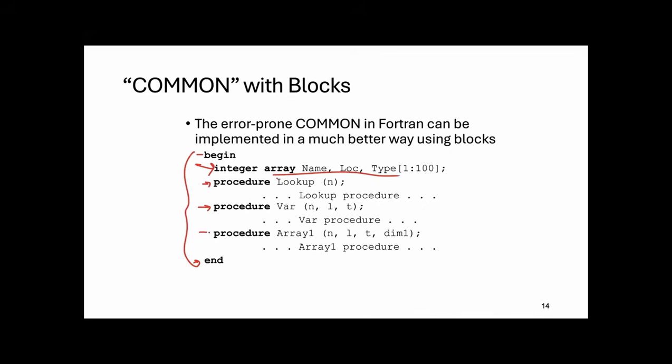Now, since those procedures are declared within the same block as that array, then basically that array will be accessible by those procedures. So you see that because they are within the same block, now you can access that array. We don't have to use the common blocks that were used before by Fortran.